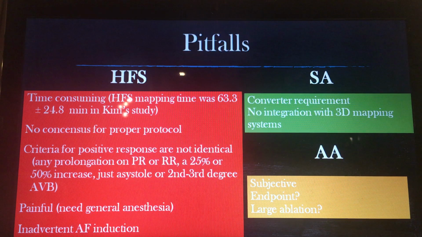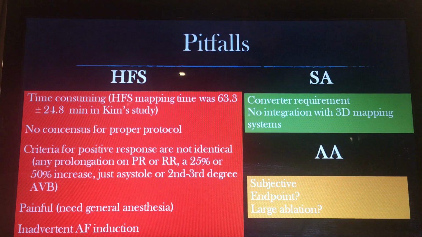In spectral analysis, as I mentioned before, you need to use fast Fourier transform analysis to convert electrograms to spectral potentials, and there is no integration with 3D mapping systems.